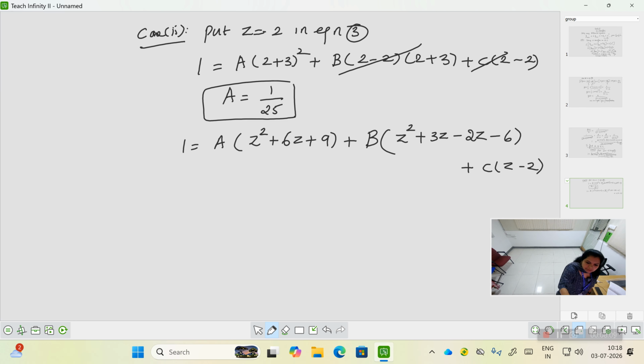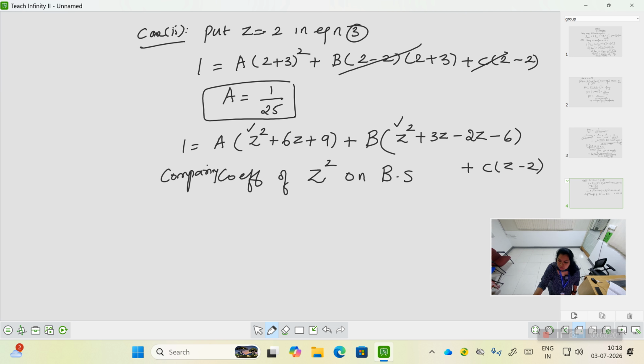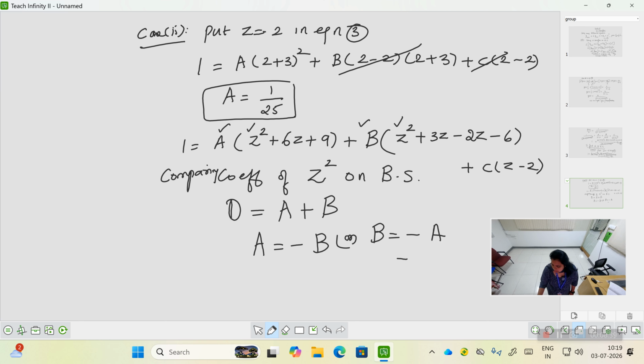We will concentrate on the coefficient of z square on both sides, comparing. We can consider 0 also, no issue, because there is no such term on the left. The coefficient is A and B only, so A equals minus B, or B equals minus A. Already we found the value for A, so we got the answer for B also.